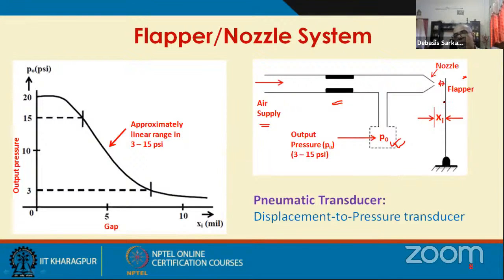Note that as you bring this flapper closer and closer to the nozzle, this pressure increases. As you take it far away, this decreases. So this output pressure is basically a function of the distance of the flapper from the nozzle. So this pressure can be calibrated with respect to this flapper nozzle distance.